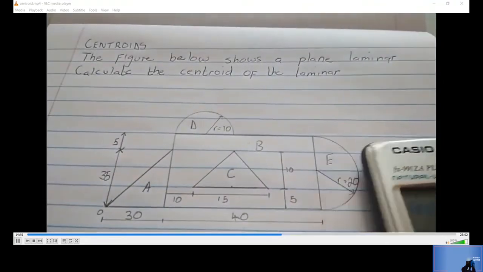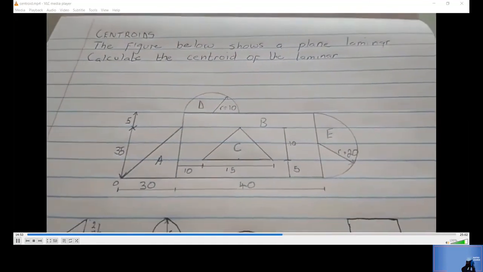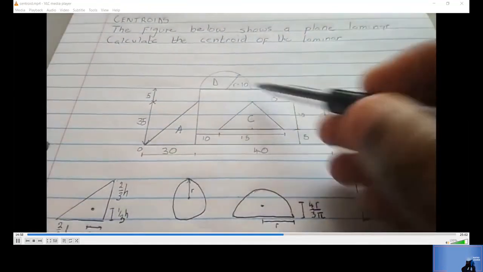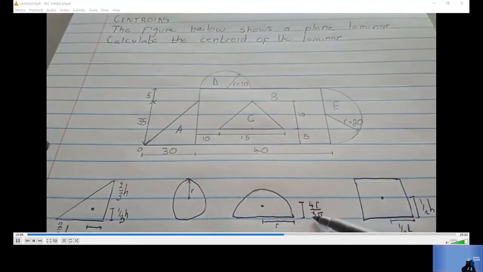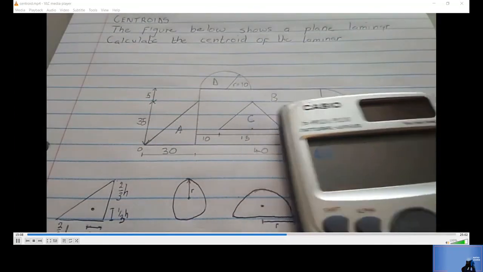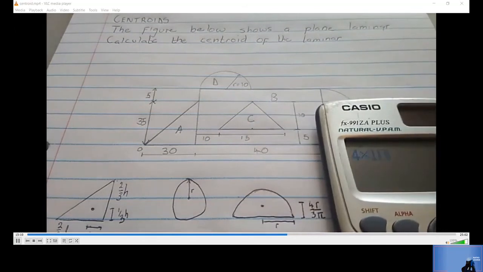put it there. And then D, we discussed it before, that centroid there is at a distance 4r over 3 pi. So take our calculator, 4 times r, which is 10, divided by 3 divided by pi.